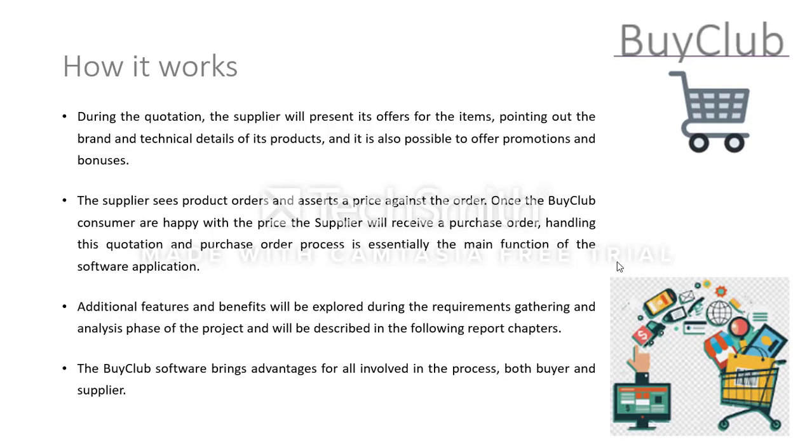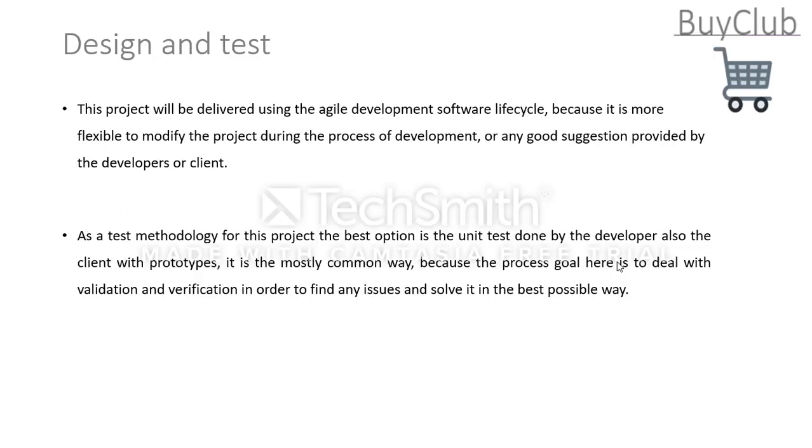During this quotation, the supplier presents offers for the items, pointing out the brands and technical details. The suppliers will see the orders and put their price. Once the buyer decides to choose that supplier, they create the order and send it back to the suppliers. The suppliers will see the acceptance, create the order and deliver the product.